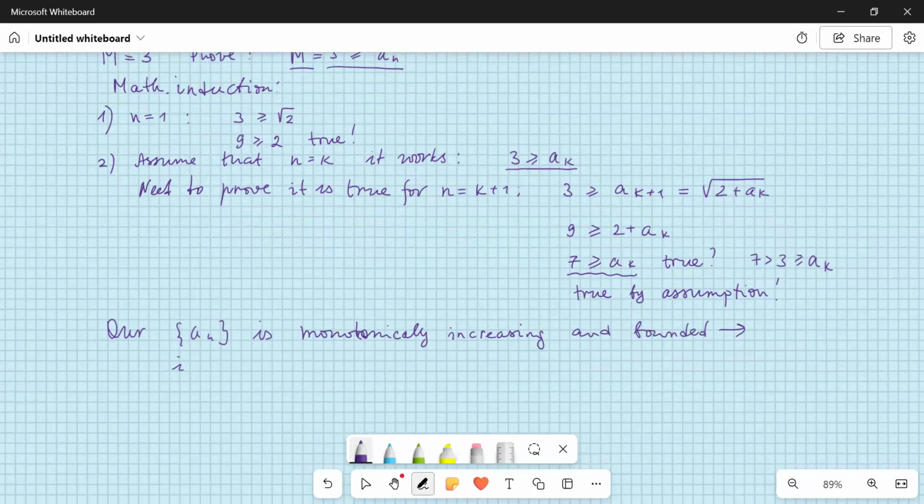That means that it has a limit, convergent.